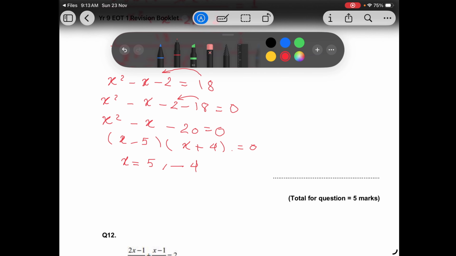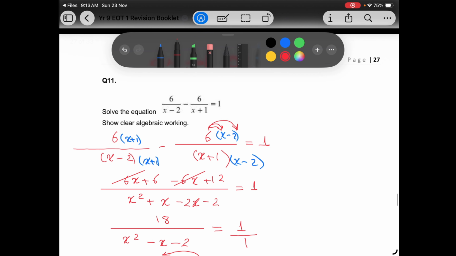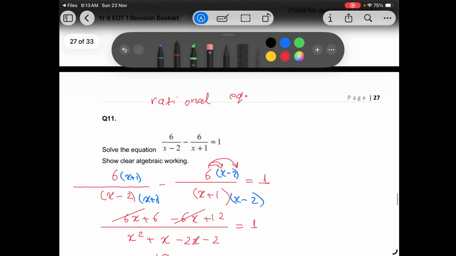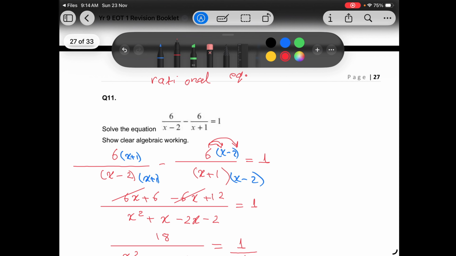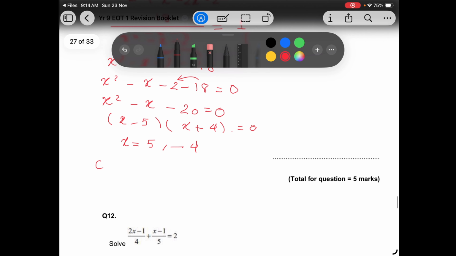And check means to plug in 5 and minus 4 in the original given equation, and to make sure whether we have 1 on both sides or not. If the result is 1, this is correct, this is a solution, and if it's something else, it will be eliminated, and we call it an extraneous solution. So here, guys, we have to check.